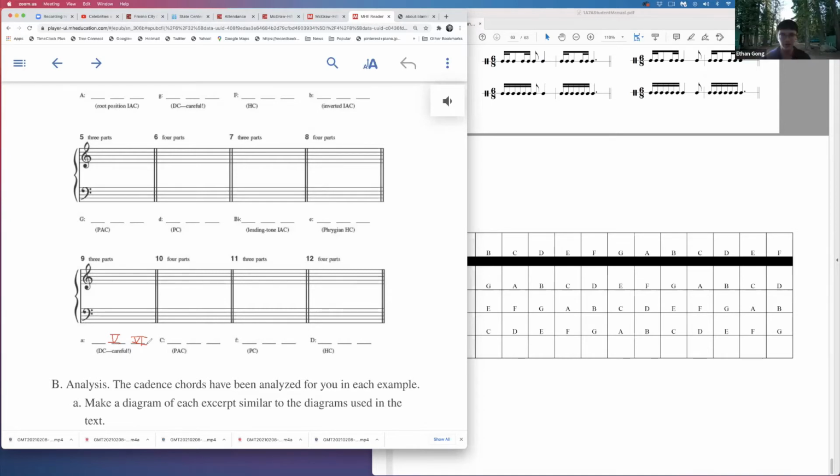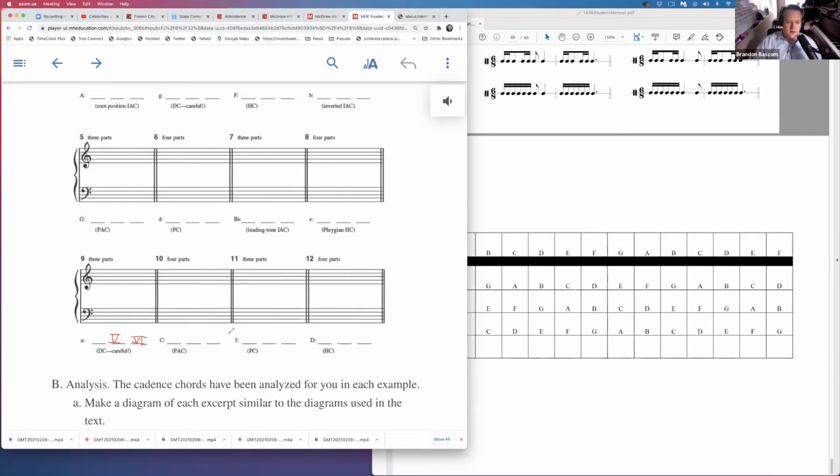This is on page 88 of our textbook. So just double the right thing. Right. The result in a doubled third in the 6th chord is what you want. And you don't want to double the root of the 6.